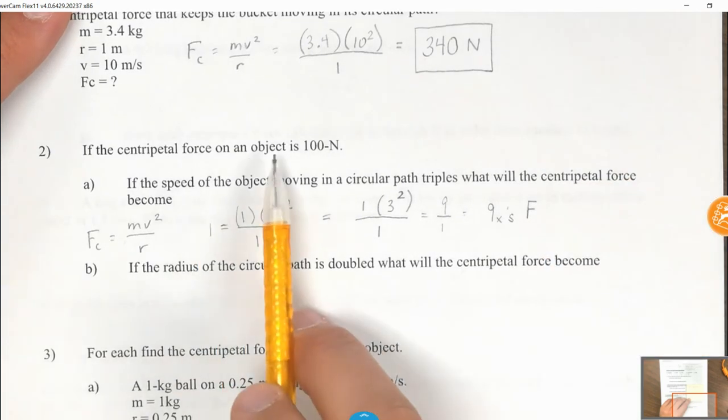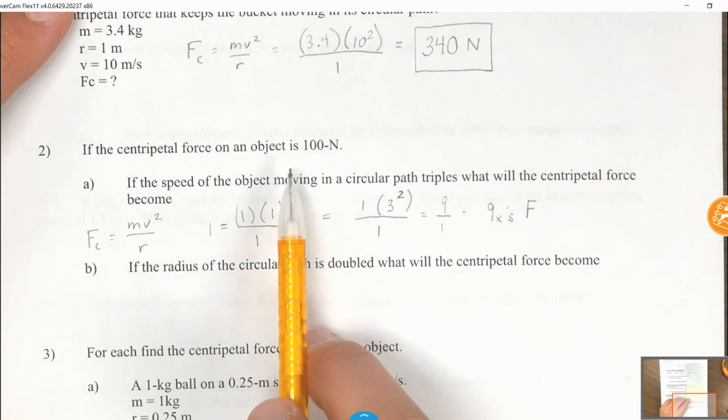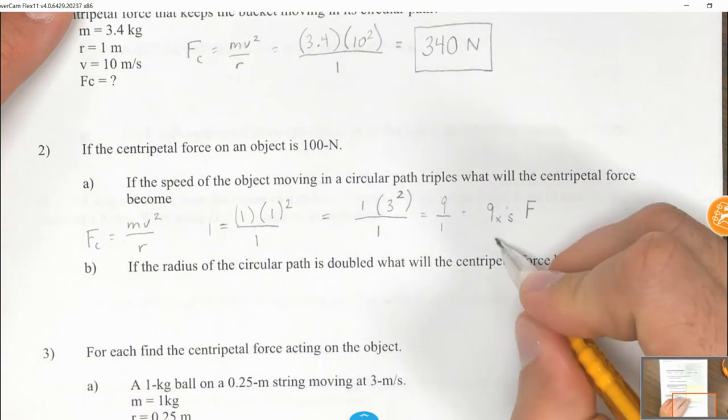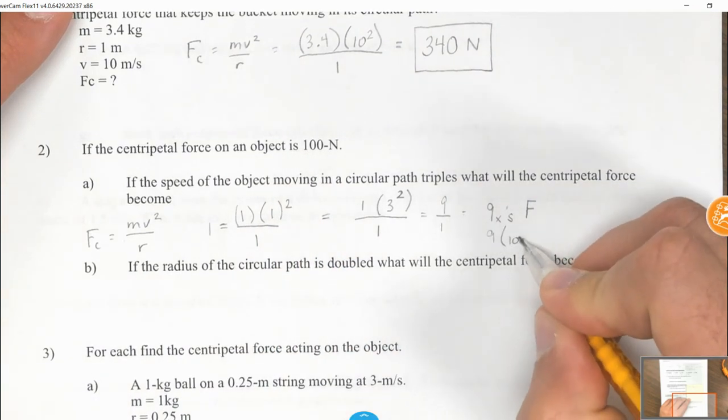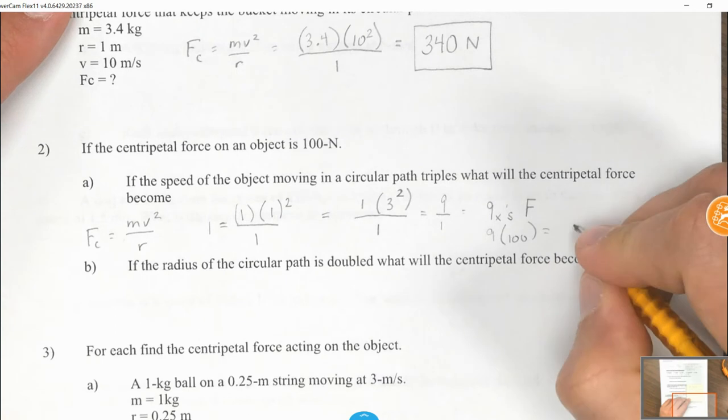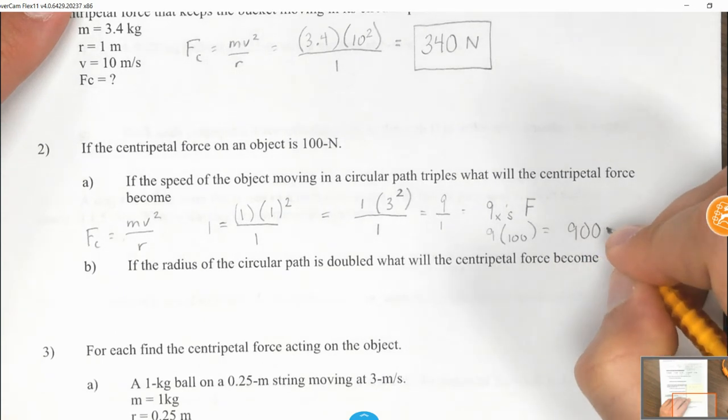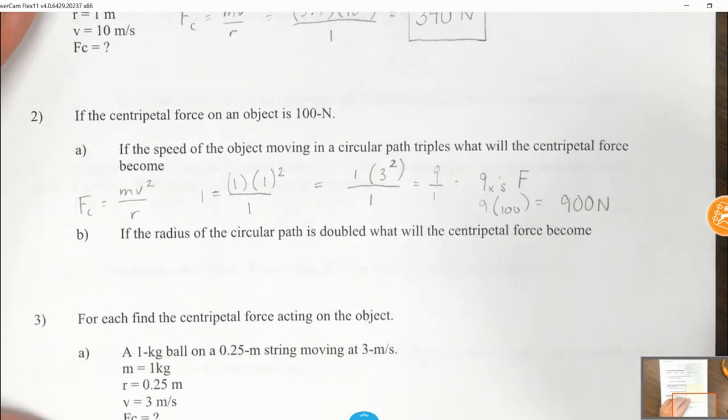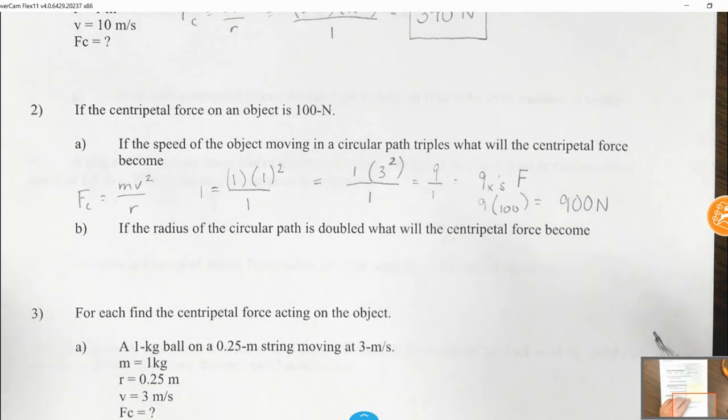So if the original force is 100, it'd be 9 times 100, which is a grand total of 900 newtons. Bam.